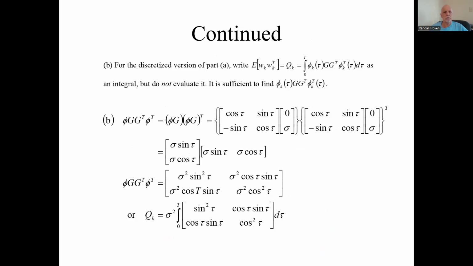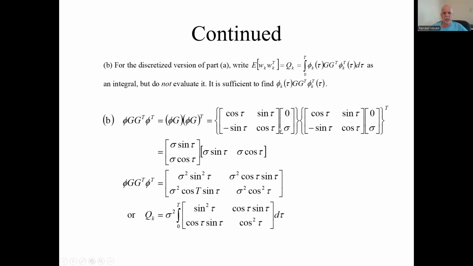Part B. What we need to do is really find this integrand, and the easier way to do it is do this little matrix multiplication, phi times g, and then multiply that result by its own transpose. So here's phi times g.